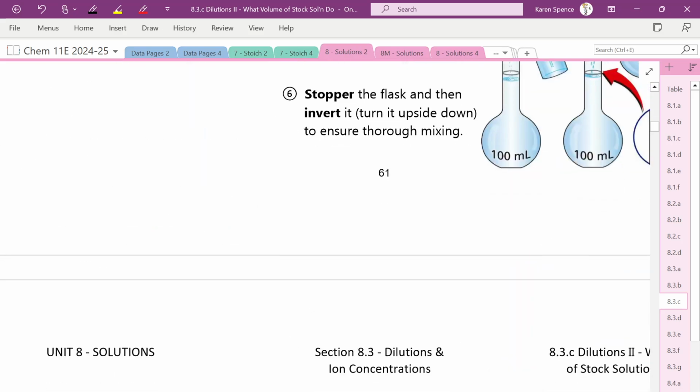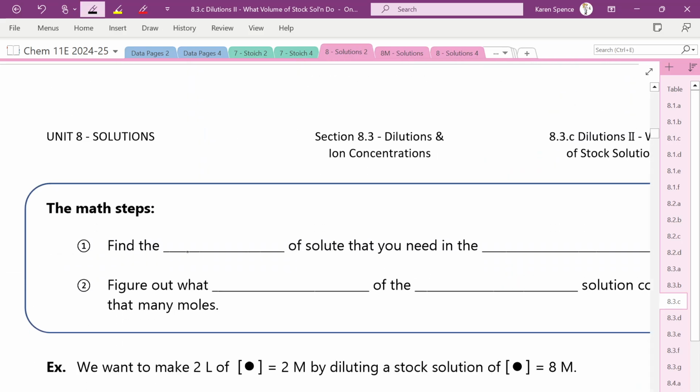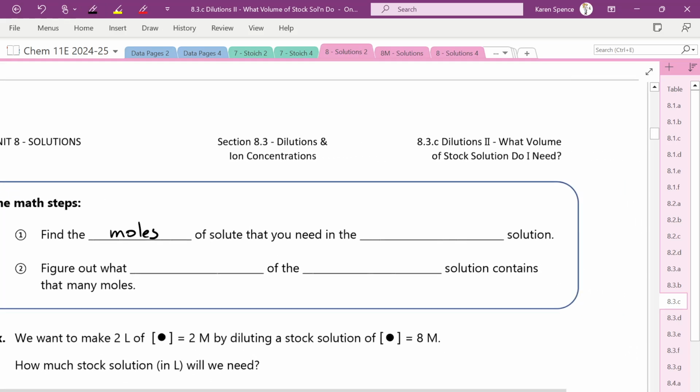So we ask ourselves, find the number of moles you need in the final diluted solution. What do we need? What are we trying to make here?